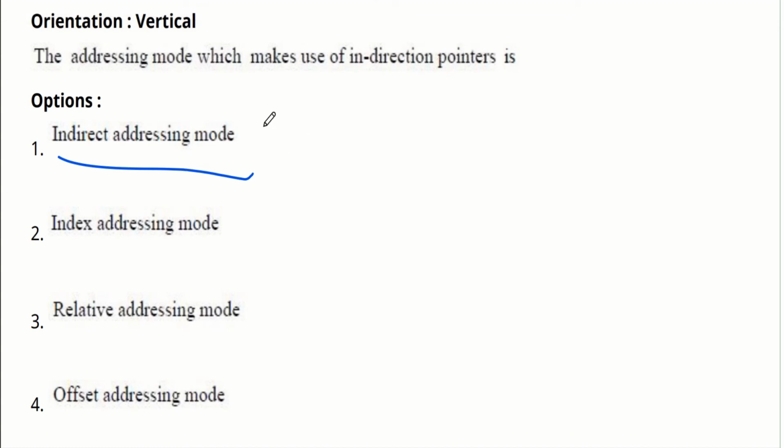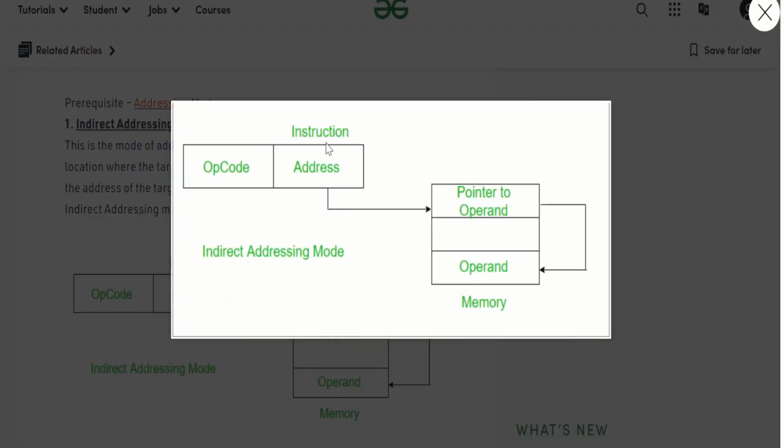Now I will show this with an image so you can understand better. Here you can see the instruction containing the opcode and the address of a pointer, and this pointer refers to the operand. So there is a two-step process. This is called indirect addressing mode.